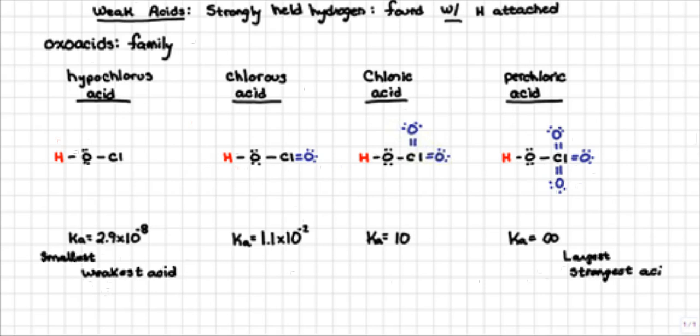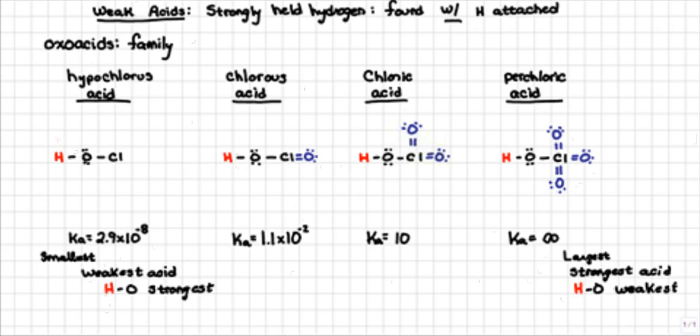Taking this one step further and remembering how we defined strong acids and weak acids above, we know that based upon these numbers, the weakest acid should have the most strongly held hydrogen. Let me say that in the following way. We can say that in the case of hypochlorous acid, the HO bond is the strongest bond of these that we will consider, and that for perchloric acid, the HO bond is actually the weakest bond because that hydrogen falls off so easily and gives us this infinity K sub A value.